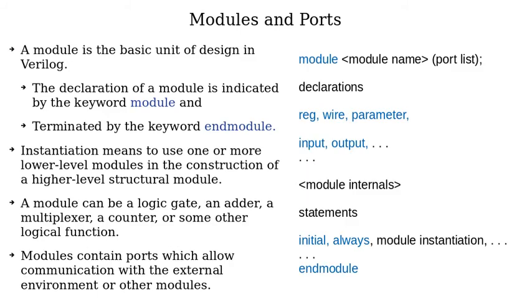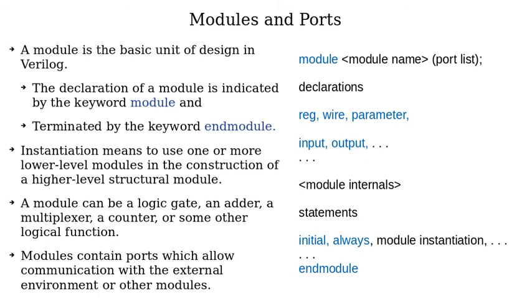Now module and ports. In Verilog, the basic unit of design is called a module. The Verilog design module is defined by the keyword module and terminated by the keyword endmodule.